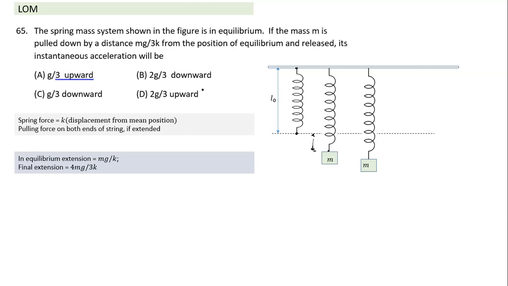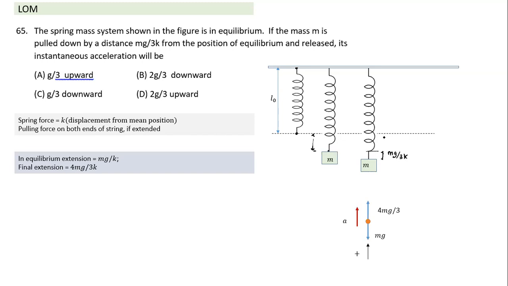Now, what is given in the question? It is pulled down further by an extra distance equal to mg by 3K. So what is the total extension from the unelongated position? It is mg by K plus mg by 3K. So the final extension is 4mg by 3K.